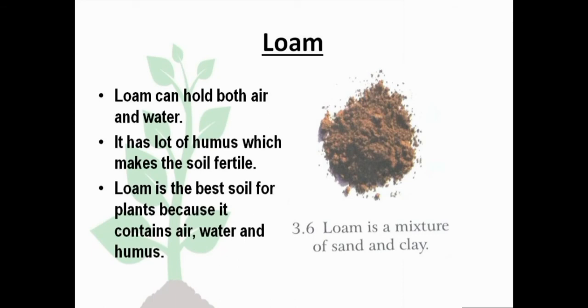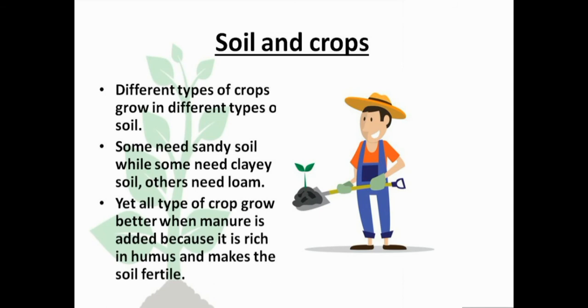Now we will see what the relation is between soil and crops. As you know, different types of crops grow in different types of soil. Some need sandy soil, some need clayey soil, while others need loam. Yet all types of crops grow better when manure is added.